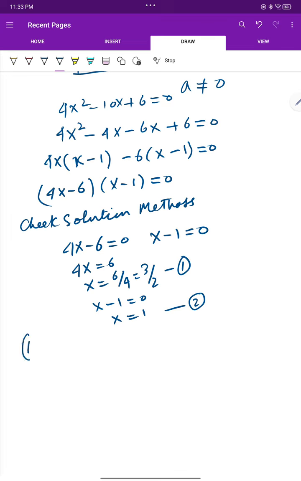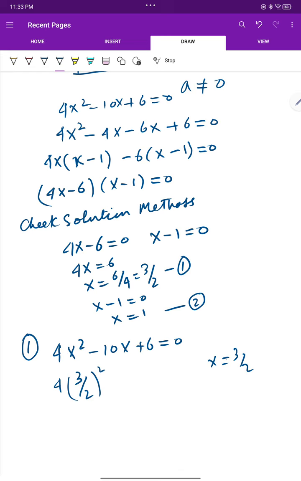So the first one, 4x square minus 10x plus 6 is equal to 0. The first value is 3 by 2. So put the value x is equal to 3 by 2. 4 times (3 by 2) whole square minus 10 times 3 by 2 plus 6 is equal to 0.